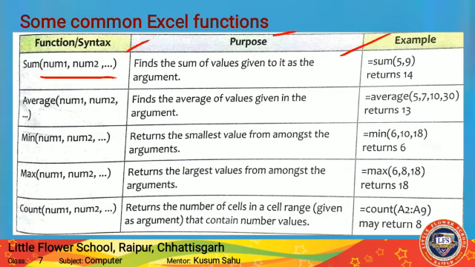It finds the sum of values given to it as the arguments. Here you can see the example: the function always begins with the equal to sign. So here you can see equal to SUM of 5 and 9. Then it gives us the answer, that is 14. Means 5 plus 9 is 14. So it gives the answer.